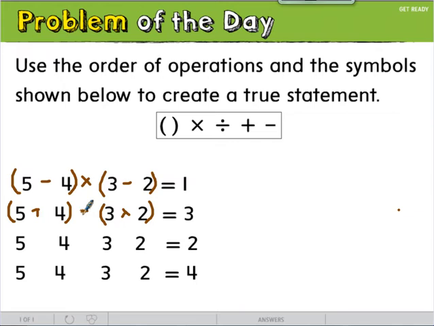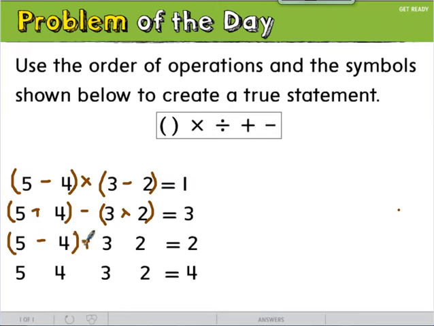Alright, the next one. I need to make it equal 2. Yes, Mr. Reed. You erased your whiteboard? Yeah, that's not good. Okay, Jeremiah. 5 minus 4 with parentheses.